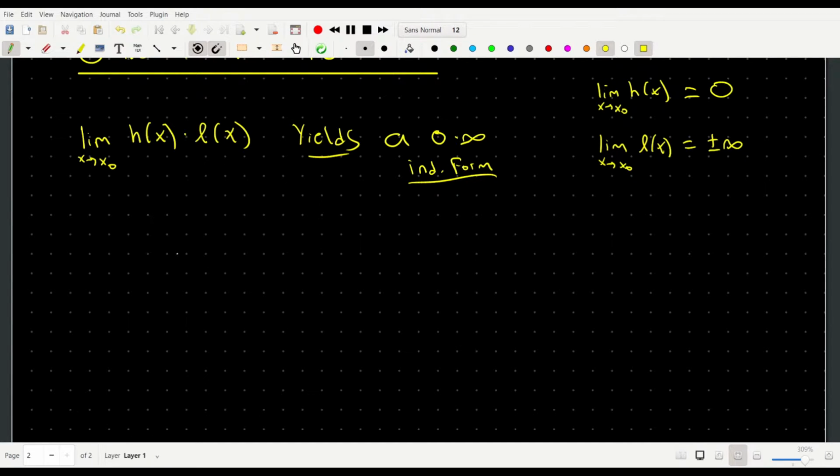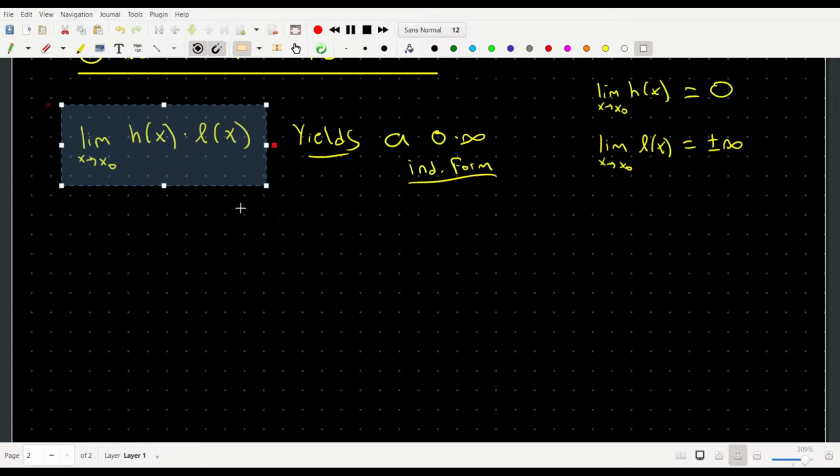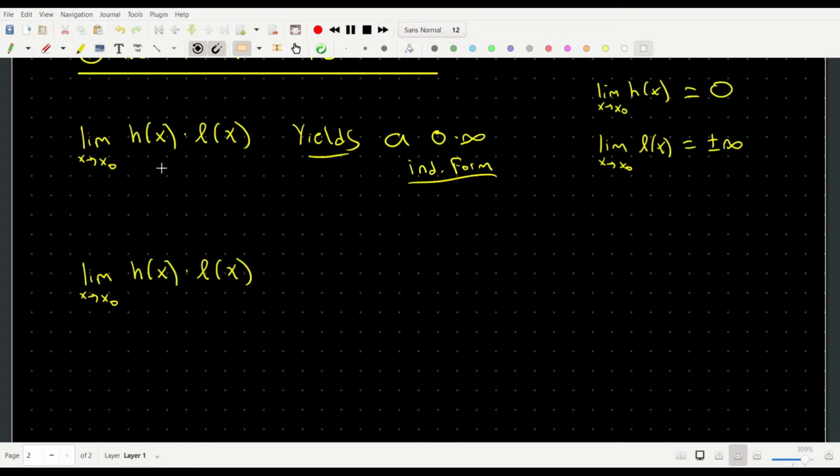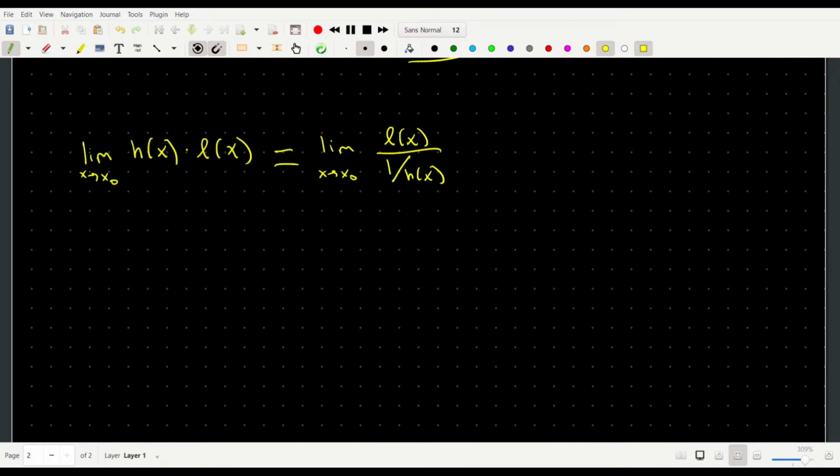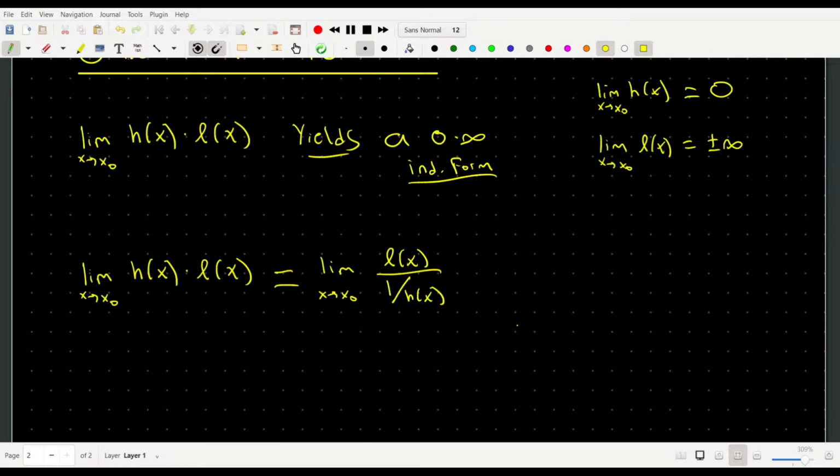We can rewrite this limit. It will always be equal to the limit as x goes to x naught of L of x over 1 over h of x. What's interesting here is that I've done just a little bit of rewriting. I just rewrote h of x in the limit as 1 over h of x, which is an algebraically correct maneuver.